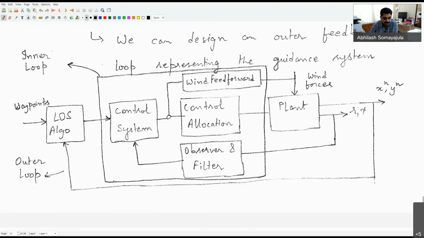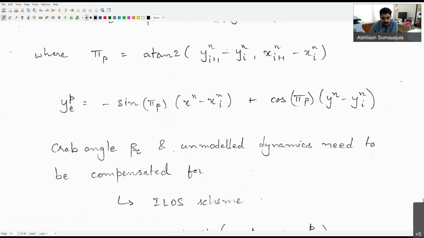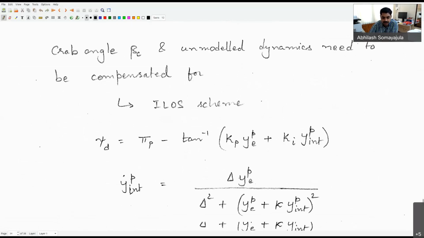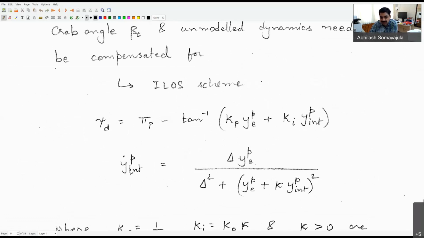We also introduced the integral line of sight approach, because there might be unmodeled dynamics in terms of the crab angle, which we are not considering in the line of sight. Therefore, it makes sense to include it in the integral line of sight scheme.